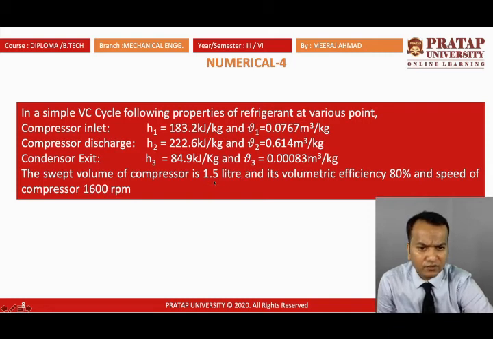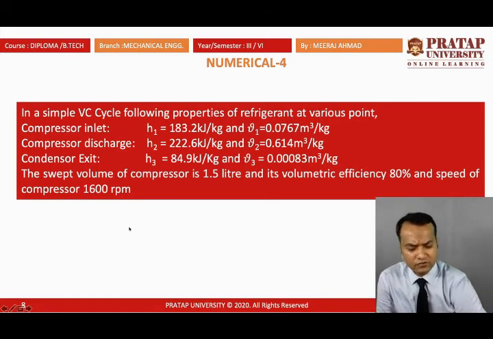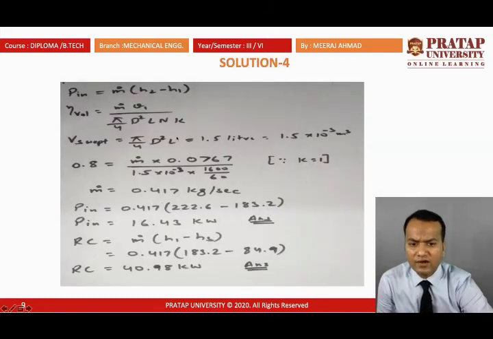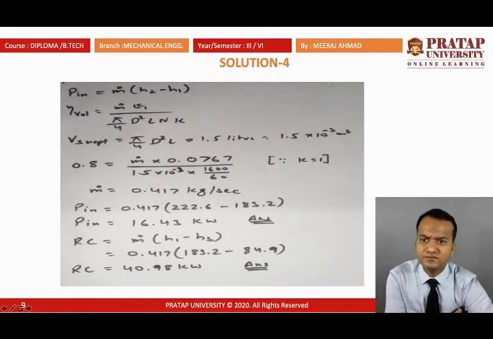The compressor volumetric efficiency is given as 80%. The speed of the compressor n is given as 1600 rpm, which you have to convert into per second. So you have to find the value of power input and the RC value in this question.